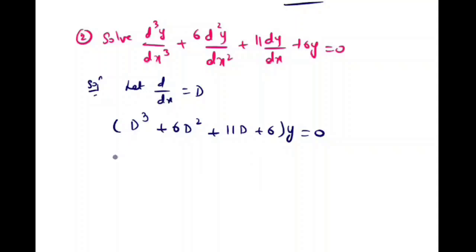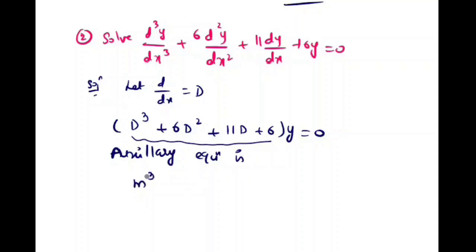Now let us write its auxiliary equation, my dear students. How to write the auxiliary equation? Just write it in terms of m, that is m cube plus 6m square plus 11m plus 6 equals 0.